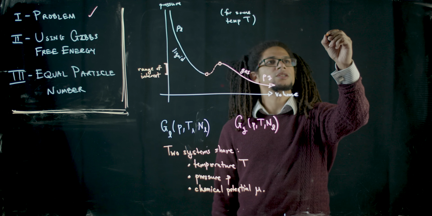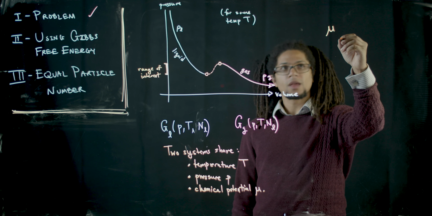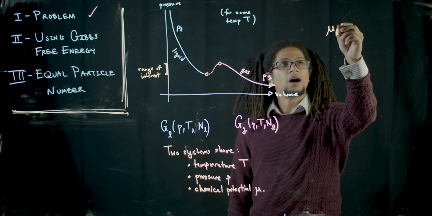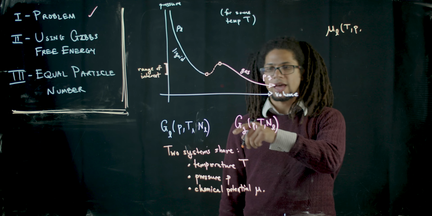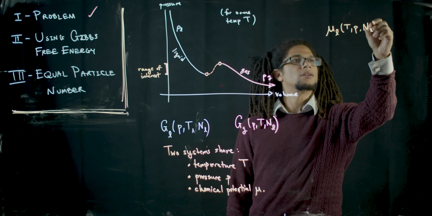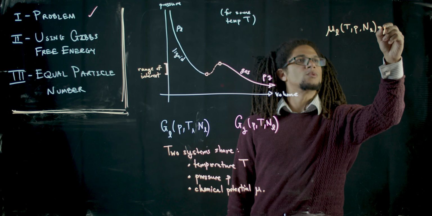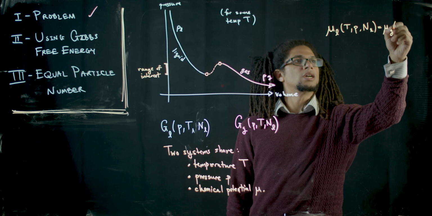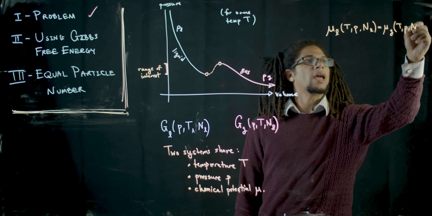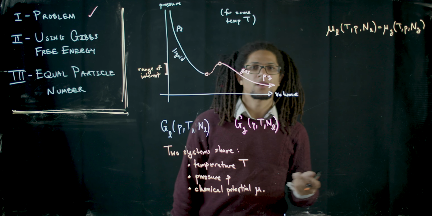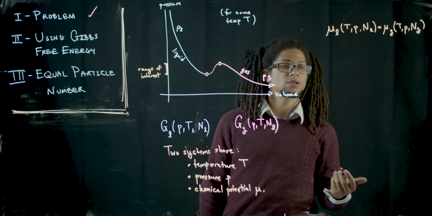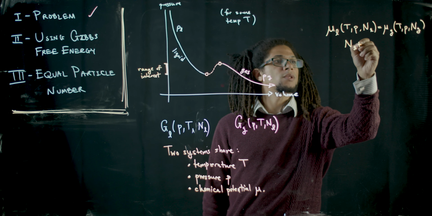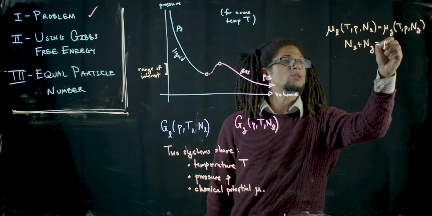But at the very least, we can say mu_L of T, P, and N_L is equal to mu_G of T, P, and N_G. And then supposing that we're in a system where we know the total number of particles, we have that N_L plus N_G is equal to N total.